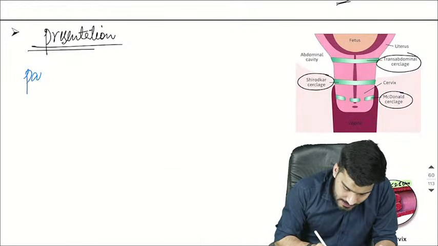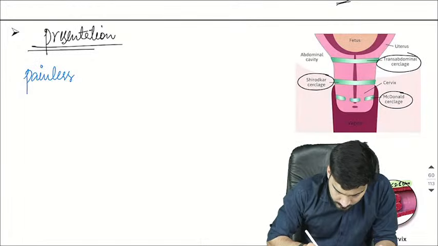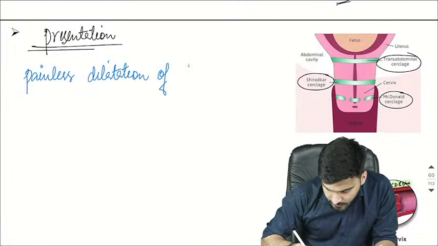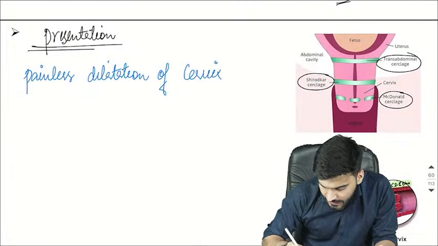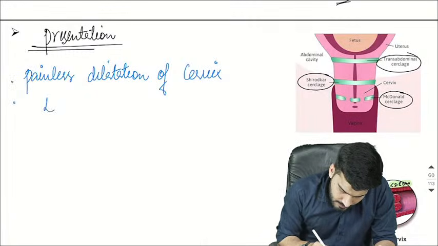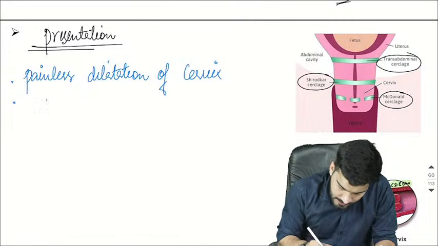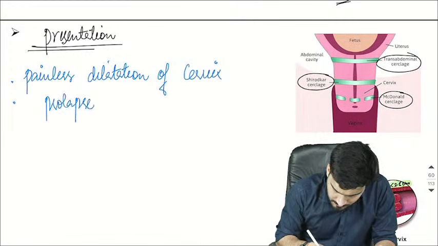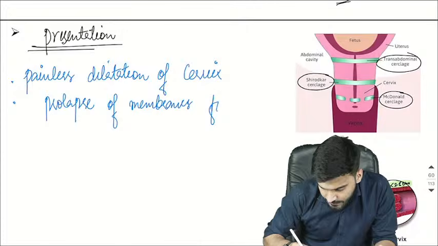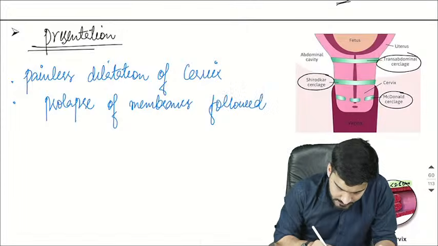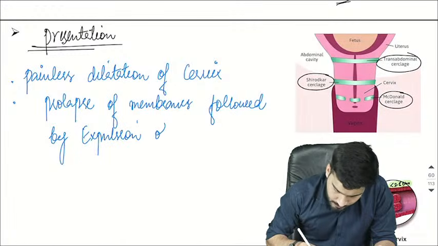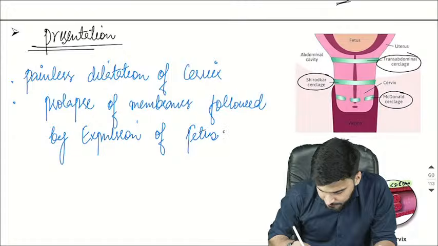There is a painless dilatation of the cervix, followed by prolapse of membranes, followed by expulsion of the fetus.